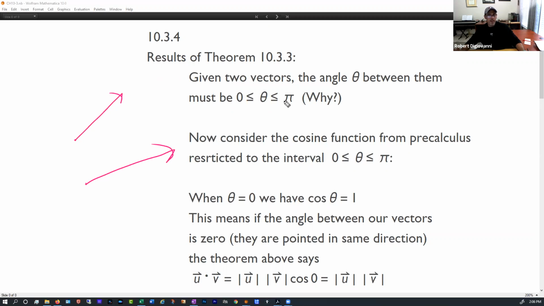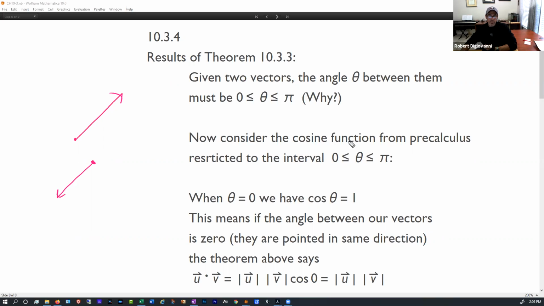Do you agree that that has to be true? Because pi is 180 degrees, so that would be the worst case scenario. The worst case scenario would be I take this vector and the vector pointed in the opposite direction. Then the angle between them would be pi. If you go any bigger than pi, then the other angle on the other side is smaller than pi. Does that make sense? So that has to be true.